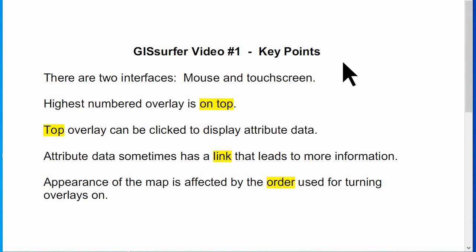You can find those PDF files by going to the GISsurfer homepage, which is GISsurfer.com. Click the menu button and go to the help page. Scroll down past the video links and you will find links to the PDF files. The videos cover most of the common features, but if you want to dig deeper, get all the details, then please see the PDF files.